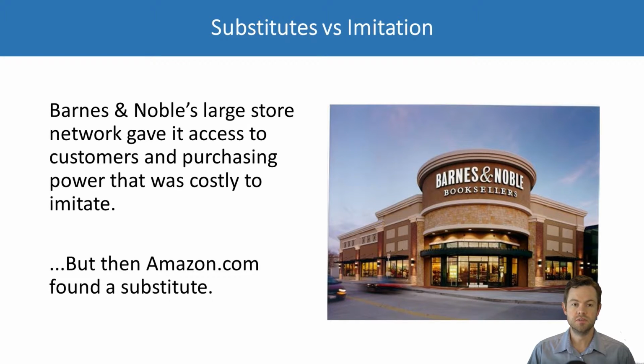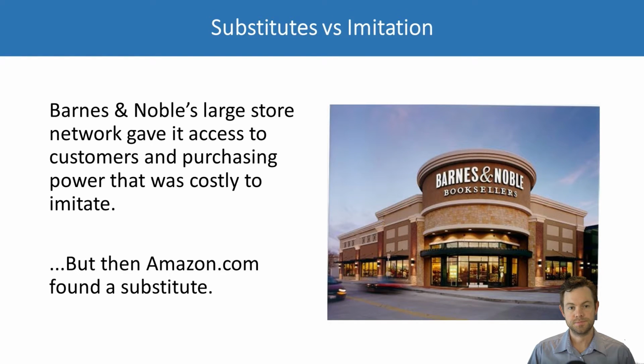This is why they often take firms by surprise, because they are focused on more direct ways of imitation and can miss ways that firms can substitute something that has the same end value of competitive advantage without directly imitating it.